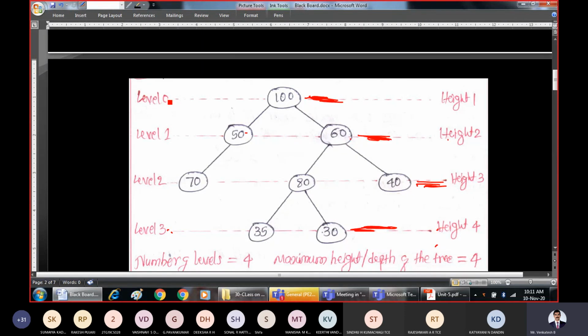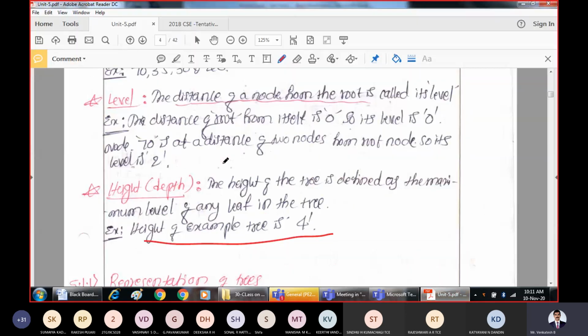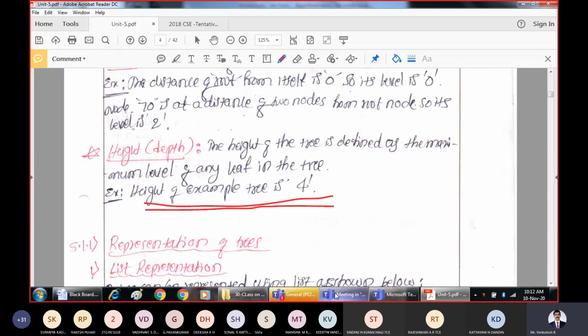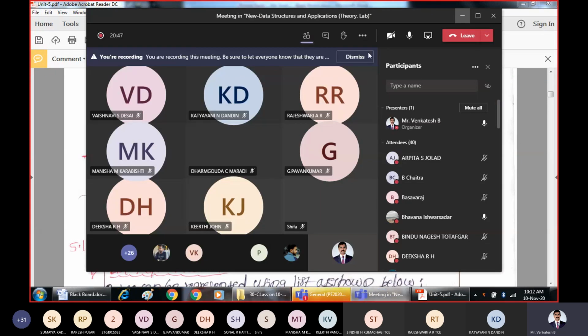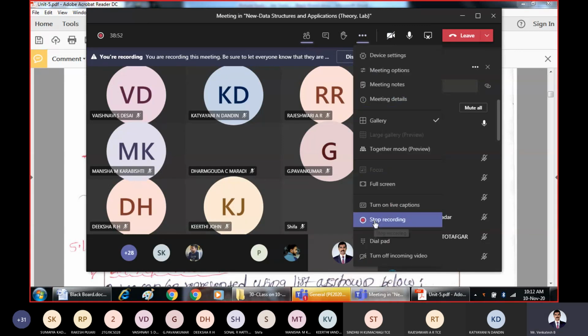Levels are 0, 1, 2 and 3. So totally how many levels are there? 4 levels. And what is the maximum height of the tree? That is 4. So the height of the example tree we are studying is 4. These were the different terminologies we have to remember about trees and their definitions.